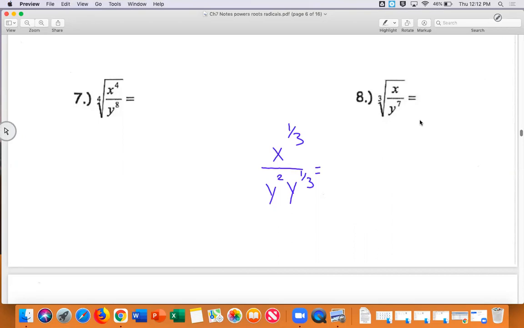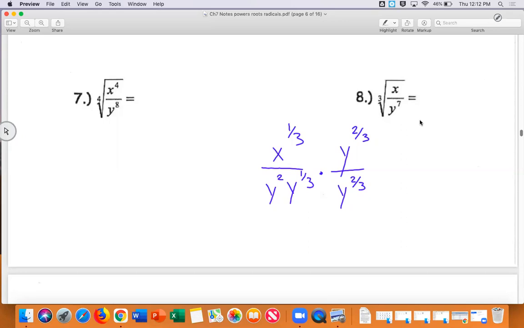So in order to rationalize this, and this is going to seem strange, I'm going to multiply by y to the 2/3. Leah, do you see why I multiply by y to the 2/3? Because this y to the 1/3 and the y to the 2/3 are going to pair up. 1/3 and 2/3 make 3/3, that's y.